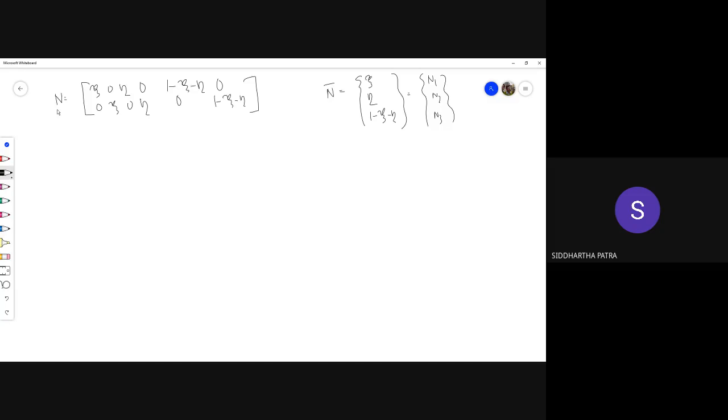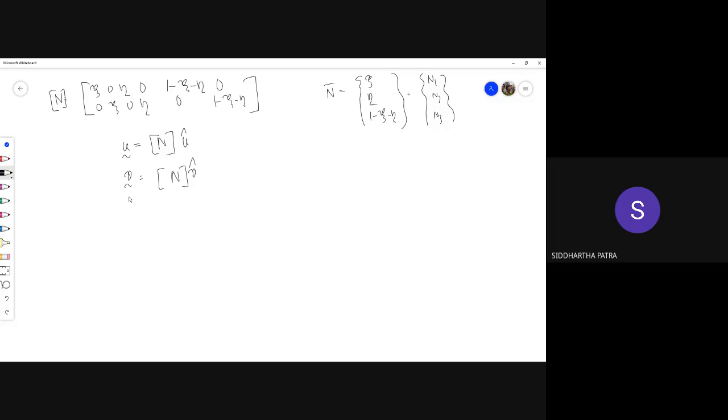Here I'm writing it in such a way that once I multiply this N matrix with u hat, I get the u vector at any location. That means the x and y components of the displacement, where u hat is what we defined earlier. Similarly we can get the v vector like this, N times v hat.